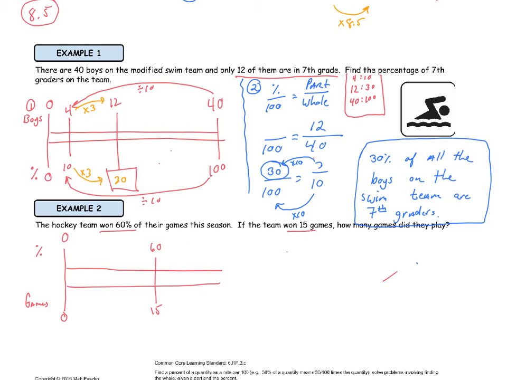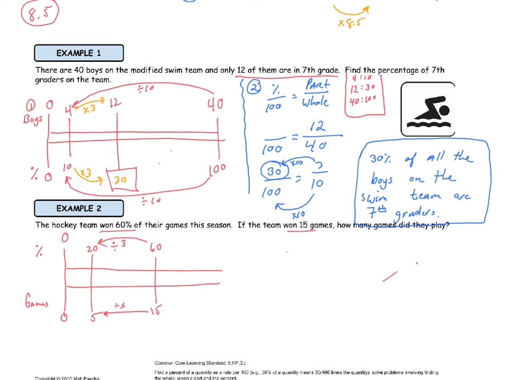So again, this is one of those problems that if we break down our ratio, 60 to 15, we're able to build it back up. What I see is if we divide 60 by 3, that'll get us to 20%. If I do 15 divided by 3, that will give us 5 games. So I know that 20% of all of the games represent 5 games.